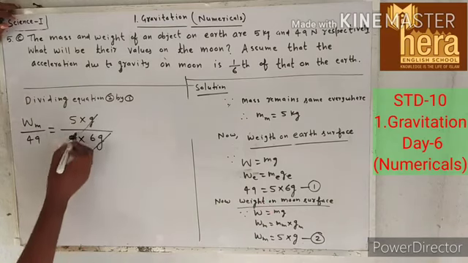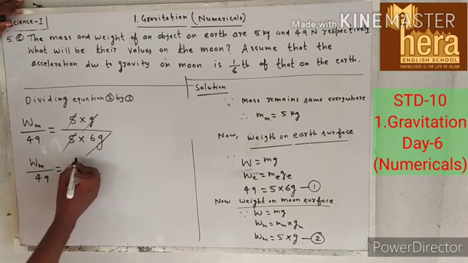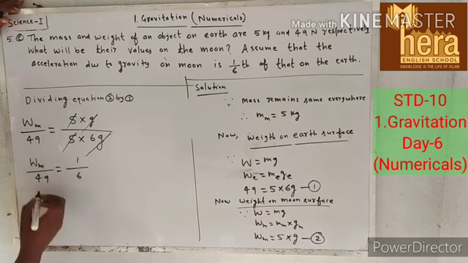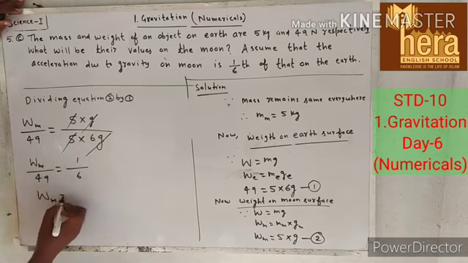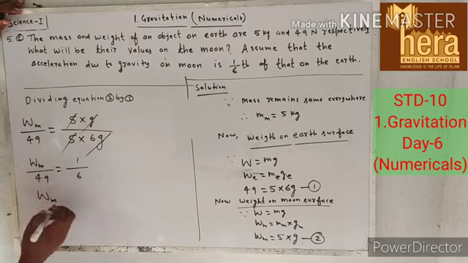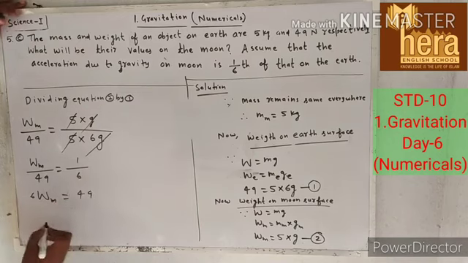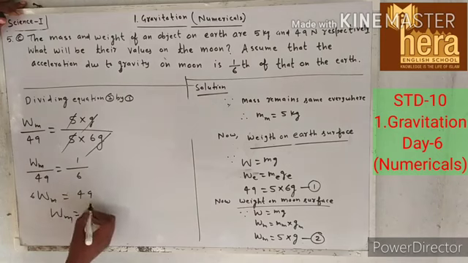The g cancels, the 5 cancels, that is Wm upon 49 is equal to 1 upon 6. Therefore Wm, that is weight on the surface of moon, is equal to 49 into 1 upon 6, that is Wm is equal to 49 upon 6.